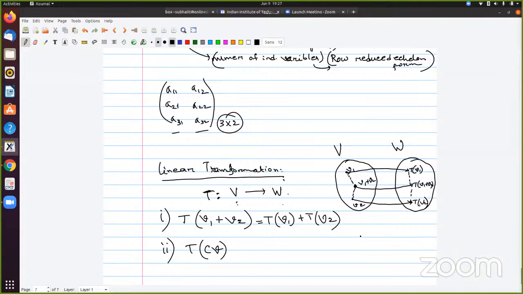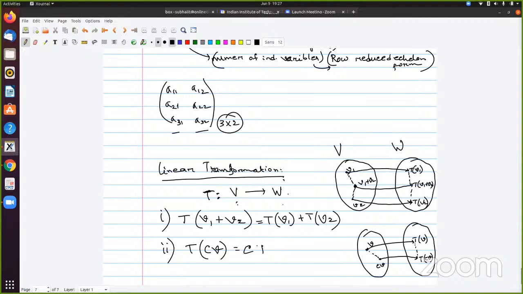Okay. Similarly, there is something called V. So V is going to some T V inside W. When I multiply V with some scalar, I am getting CV. Suppose CV is here. Now this CV is mapping to some T of CV. Now there should be some relation between these two also. What is this relation?